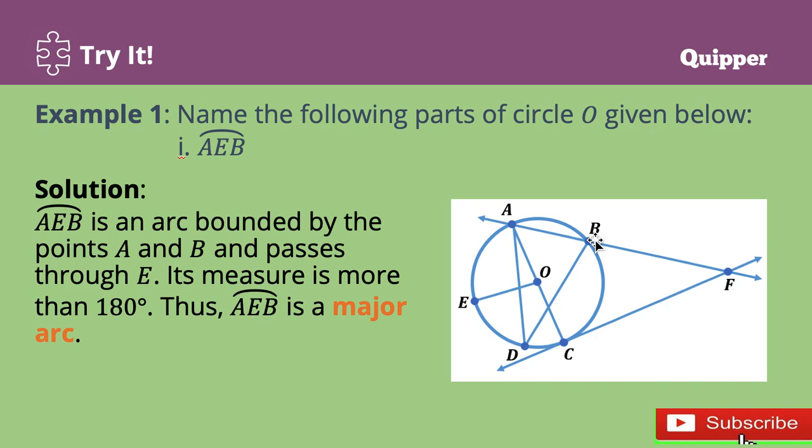Arc AEB is an arc bounded by the points A and B and passes through E. Its measure is more than 180 degrees by just merely looking at the given figure. So this is greater than 180 degrees. Therefore, arc AEB is a major arc.